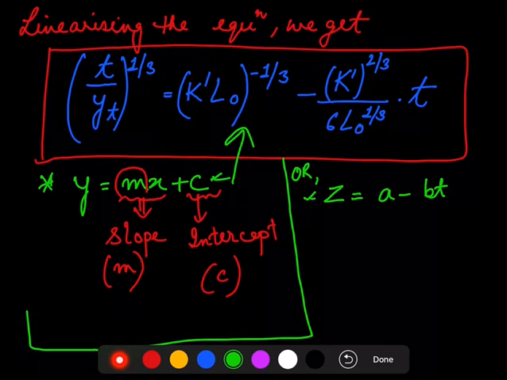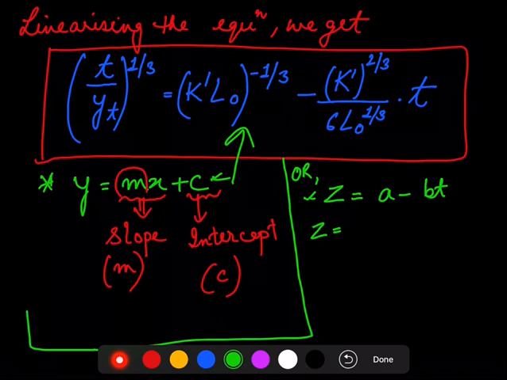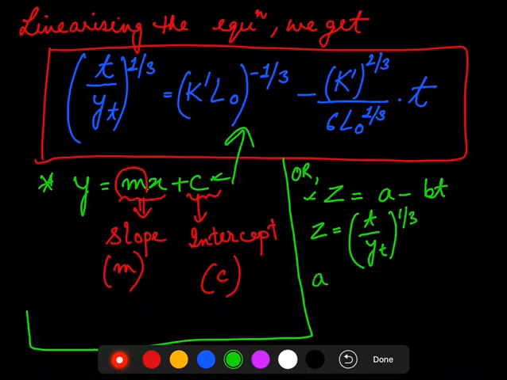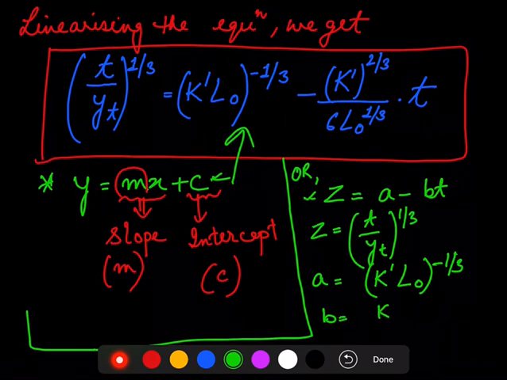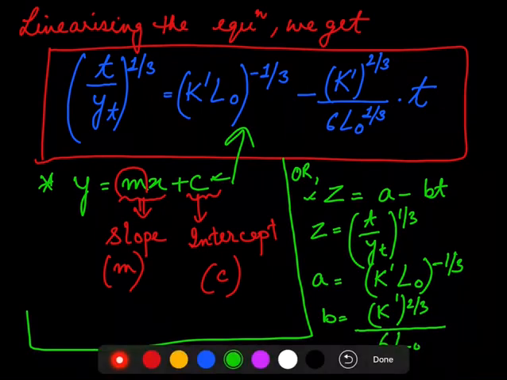Z equals a minus bt, where z is (t/yt)^(1/3). A is your intercept, which is given by k dash L naught to the power of minus 1 by 3, and b is the slope, which is given by k dash to the power of 2 by 3 divided by 6 L naught to the power of 1 by 3.